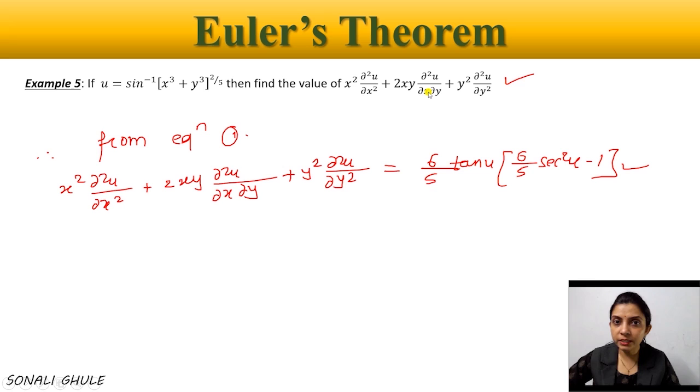If u is homogeneous, use the result n into u for first order and n into (n minus 1) into u for second order. But if f of u is homogeneous, then for first order relation use n into f of u upon f dash of u, and for second order relation use g of u in bracket g dash of u minus 1.